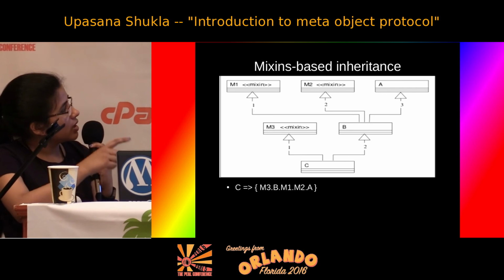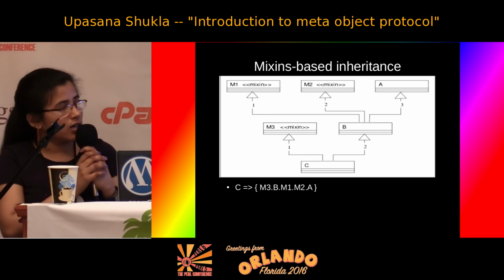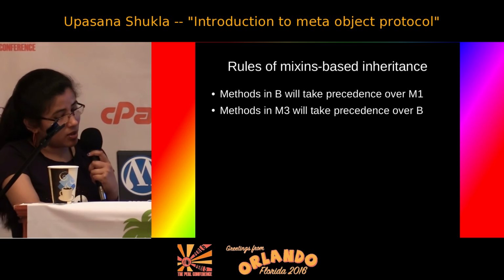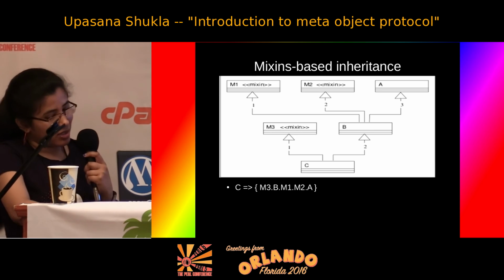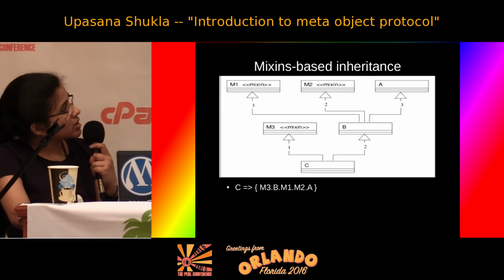Now, I have another class, C, which is inheriting from class B, and it is including a mixin M3, in that order. If I apply the rules, then methods in B will take precedence over methods in M1.